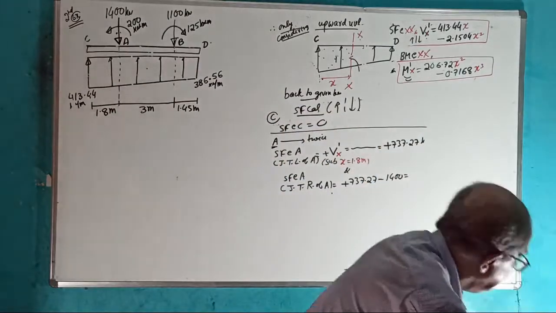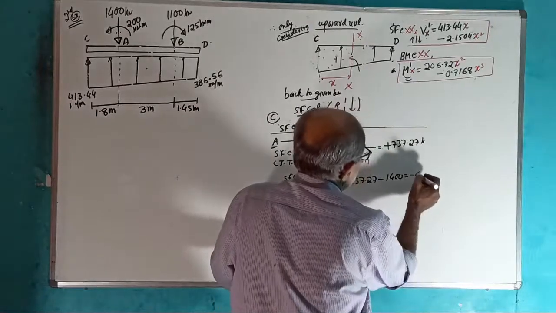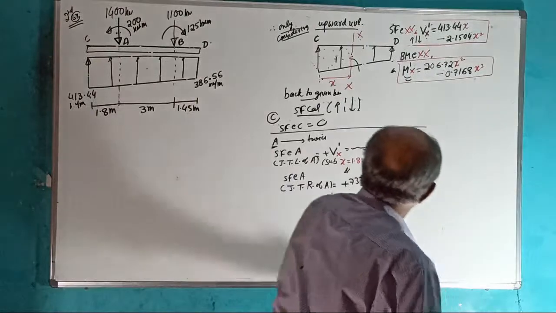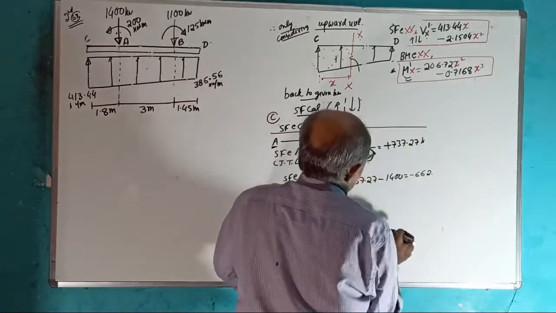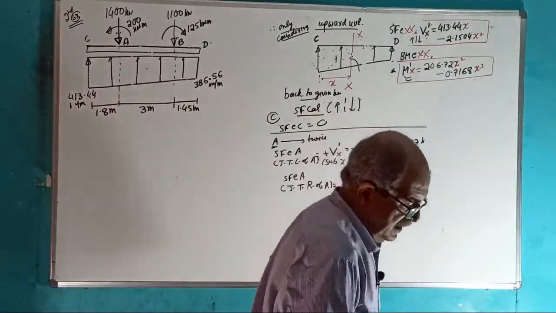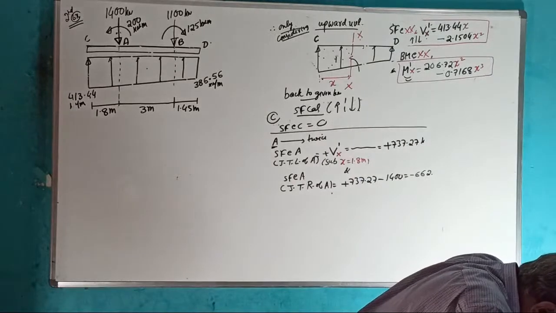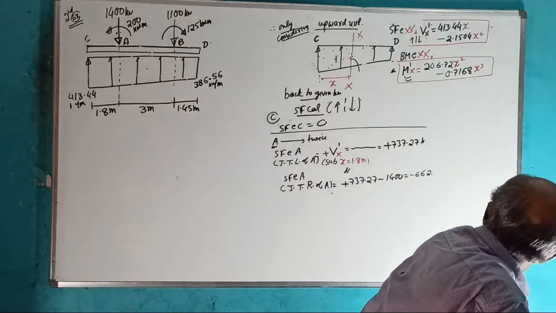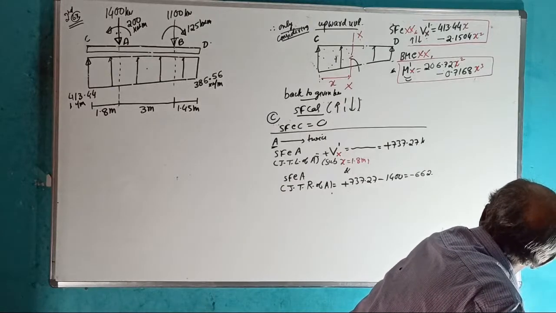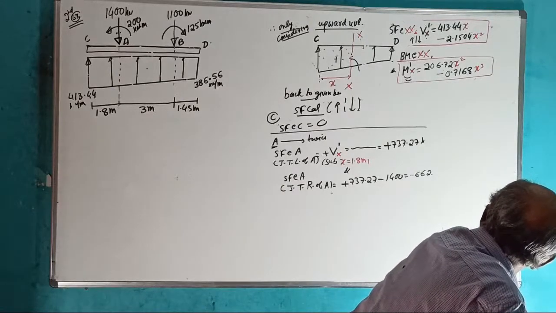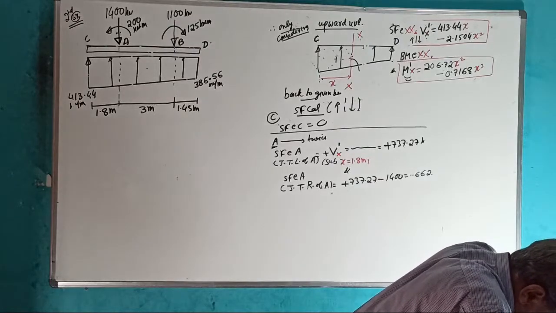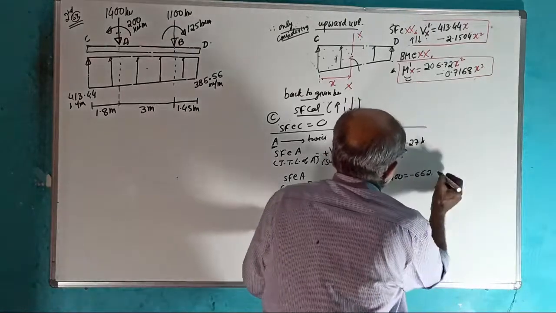Into minus 662.77. When it is 737.27, it is 662.77? No, it is 73.